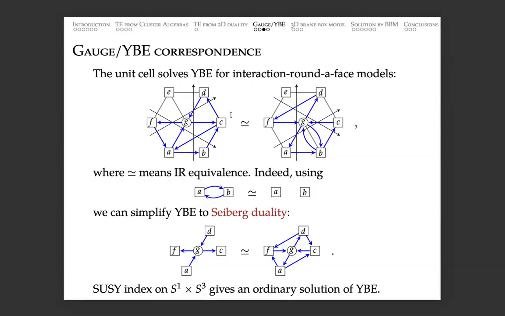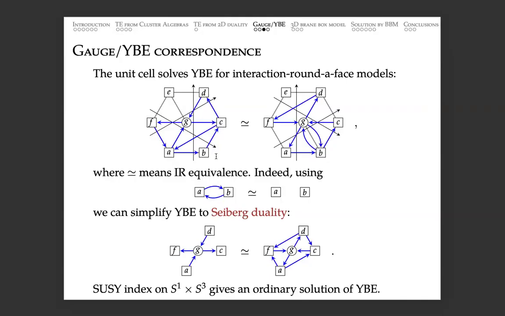But this unit cell theory actually solves the Yang-Baxter equation in the following sense. I have drawn almost the same picture as before. I have 3 lines intersecting here in one way or another way, and the equivalence between them is the Yang-Baxter equation. But here, spin variables are located not on the edges of lattice lines, but rather on the faces of the lattice. So you have spin variables connected by these blue arrows.